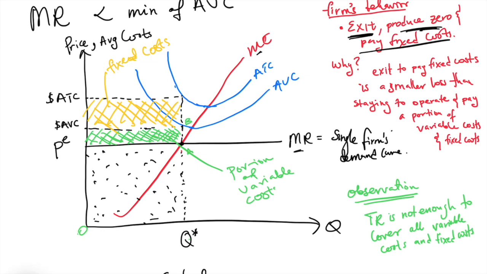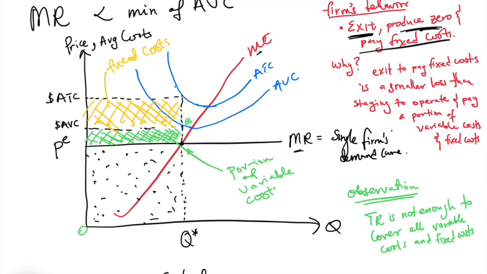So if this firm decides to stay, they will not be able to cover all of their variable costs. They'll be left with that green area to figure out. And they'll be left with a fixed cost to figure out. So the total economic loss for this firm, if it operates, will be fixed cost plus a portion of variable cost. So why should this firm exit?